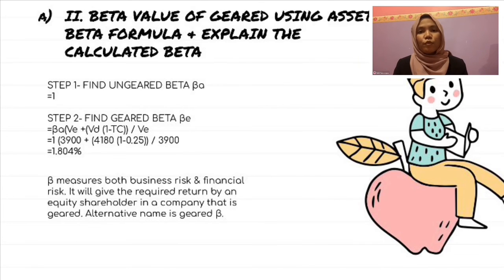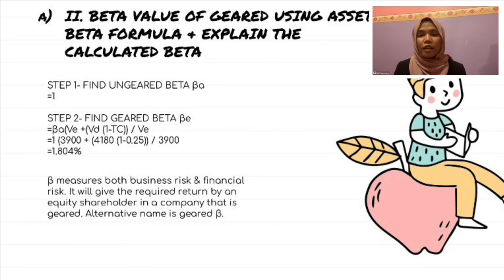So next we will be moving on to question 2A2. Calculate the beta value of geared using the asset beta formula and explain the calculated beta. So we have to follow these steps. Step 1, we need to find the ungeared beta, which is beta equals to 1.